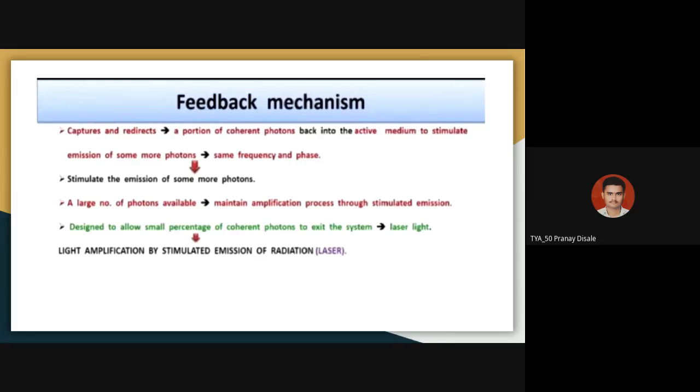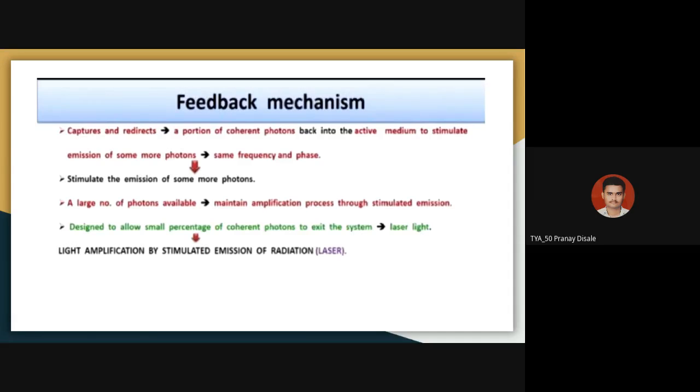Once again, here I will tell what spontaneous emission is. It takes place without interaction with other photons. As we know, one photon will come in contact with another atom, then it will release another photon. But during spontaneous emission there is no interaction with other photons, and the direction and the phase are random.